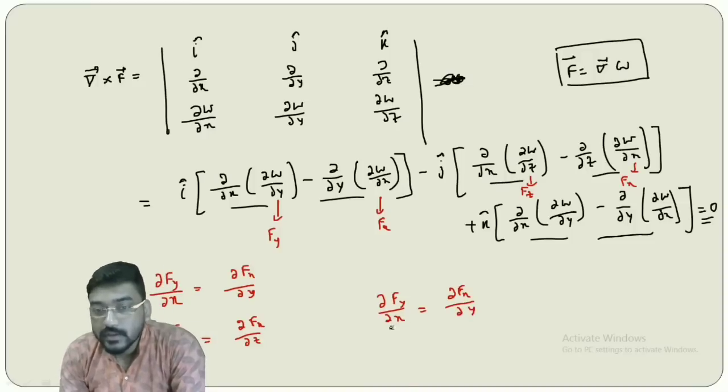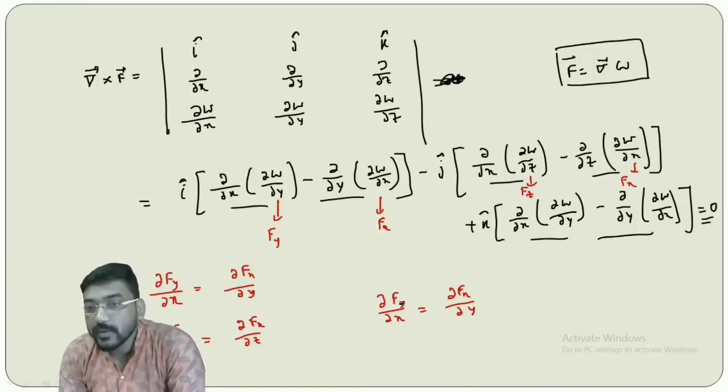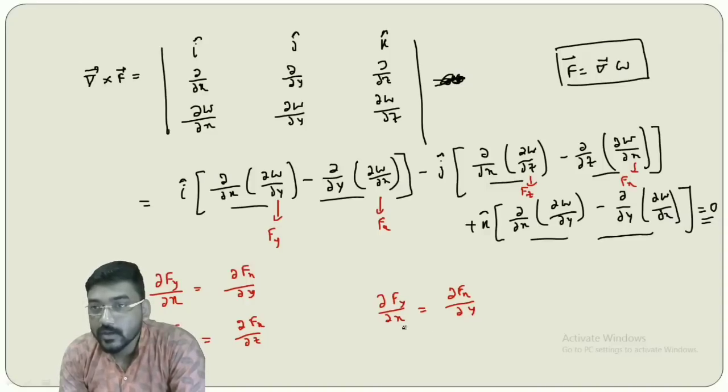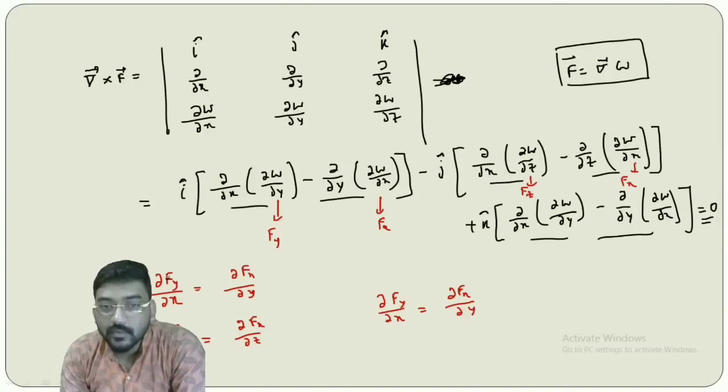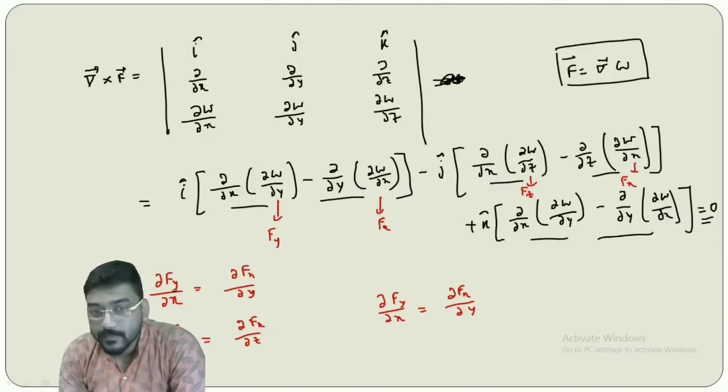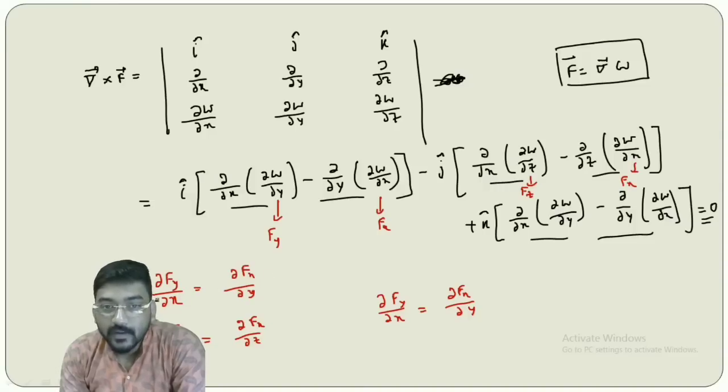So the differentiation of the x, y and z components of f will be the same. If you want to differentiate with respect to x or with respect to y, the order will interchange.